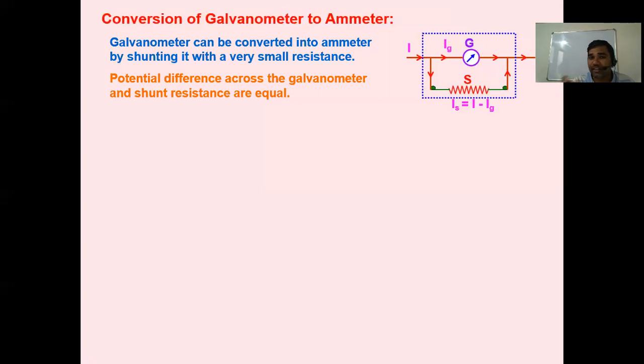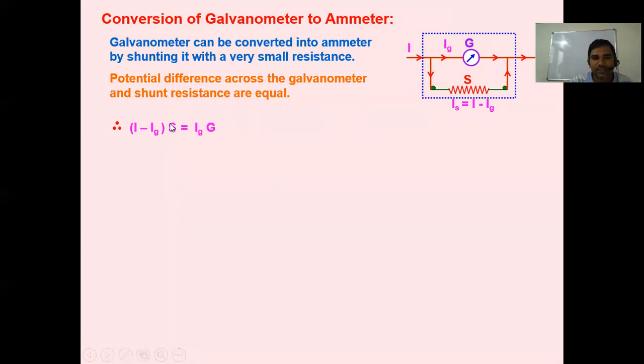Now the potential difference across the galvanometer and the shunt resistance are equal because they are connected in parallel. By using Ohm's law, the potential difference across the galvanometer is Ig times G. Similarly, the potential difference across the shunt resistance is S times (I minus Ig). When you balance these, what is the shunt value we require?